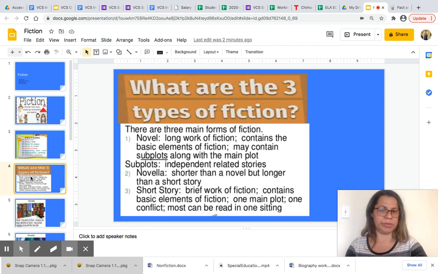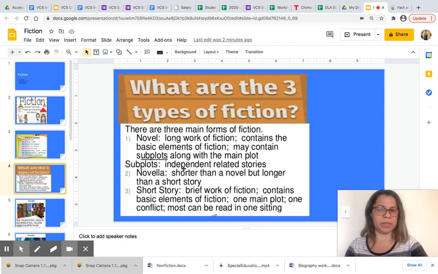What are the three types of fiction? The three types of fiction are novel, novella, and short story. A novel is a long work of fiction, contains the basic elements of fiction, and may contain subplots along with the main plot. What are subplots?